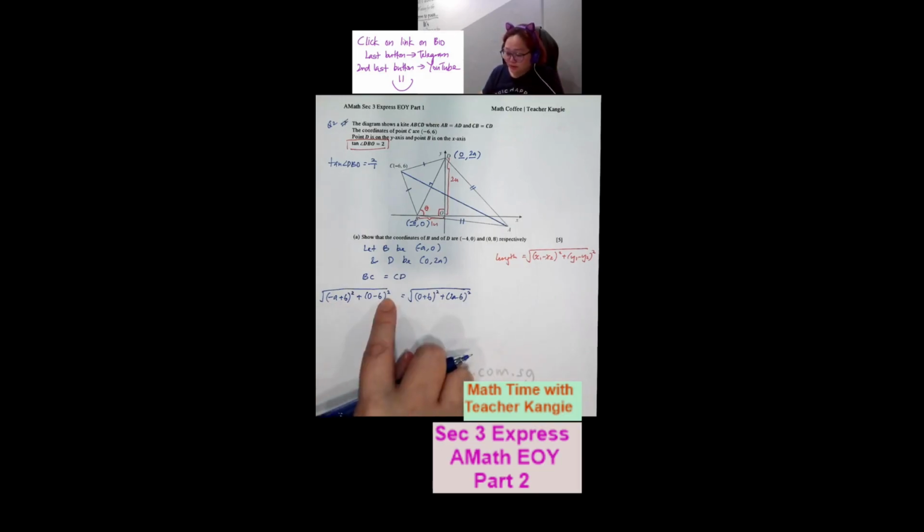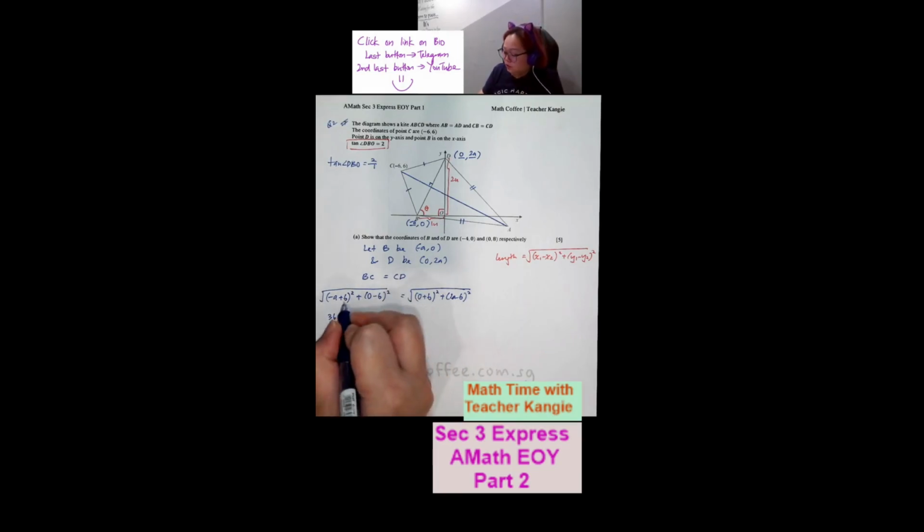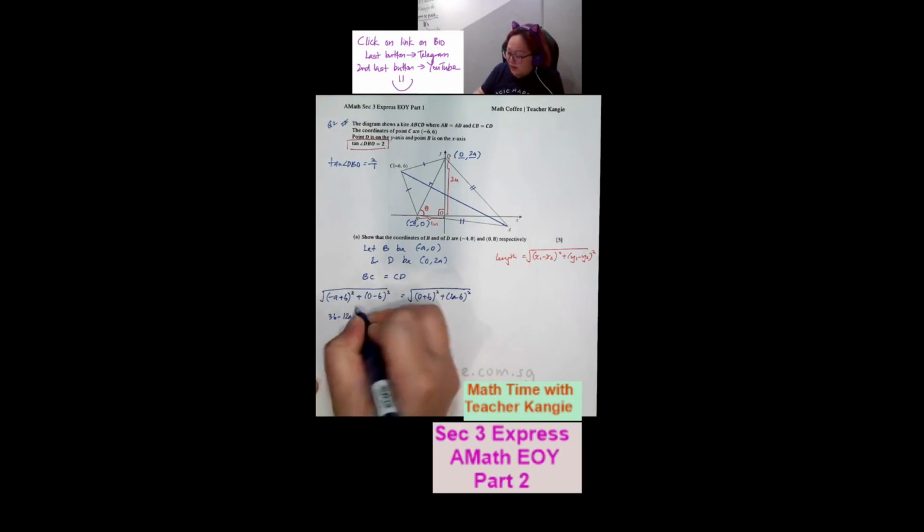So just expand, okay? This one is minus a plus 6. I will just reverse it to do it easier. So it's 6 minus a squared. So when I open this up, it will be 36, because it's a squared minus 2ab plus b squared. So a squared minus 12a plus a squared.